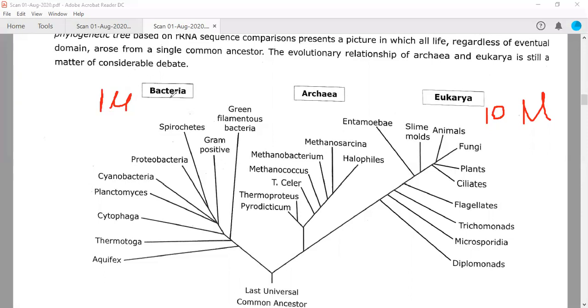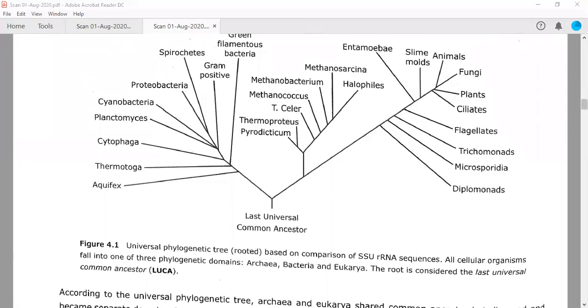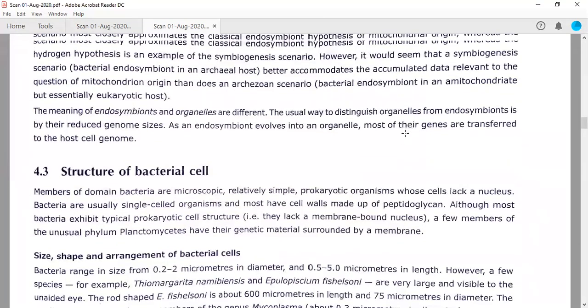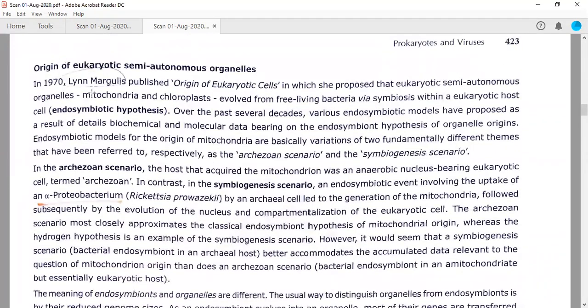Therefore, this bacteria makes a symbiotic association with this eukaryotic cell, and this led to this particular hypothesis that is called the endosymbiotic hypothesis. The first time Lynn Margulis told about this endosymbiotic hypothesis, she proposed a model that there were two cells.